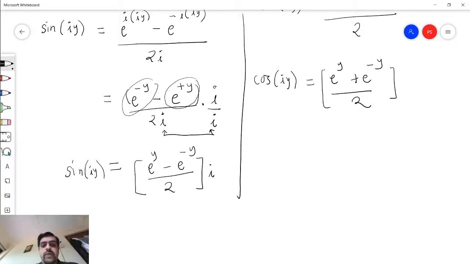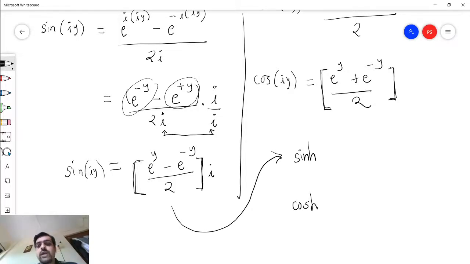Now we have come across two new functions which are put in the squared brackets. Let us define these two functions by labeling them as hyperbolic sine and hyperbolic cos. So hyperbolic sine is written as sinh and hyperbolic cos is written as cosh.